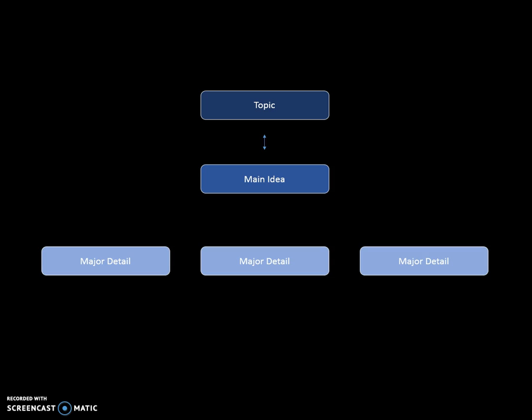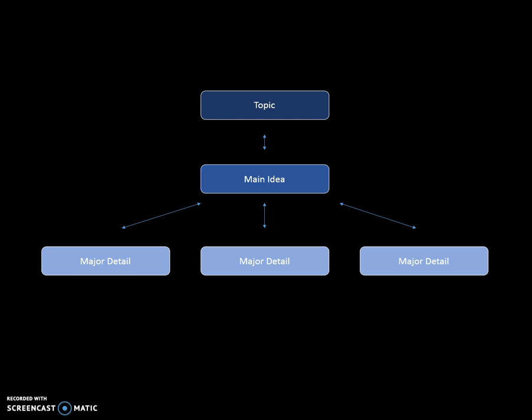But one thing is true, all supporting details should lead you directly back to support the main idea and the topic. So if there's a detail that doesn't match up with what you're reading about, then the author should probably have not included that in their writing because it's not related.